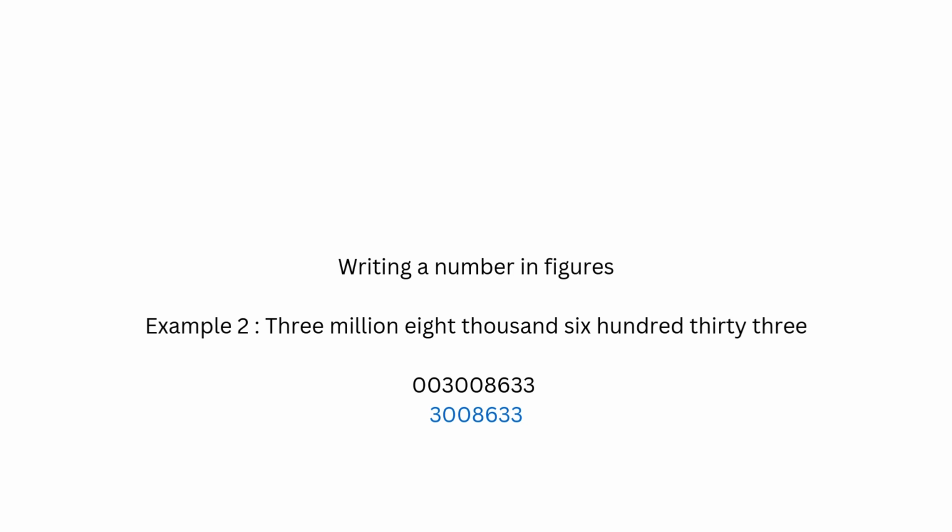The empty places, you put zeros. So we have 3 in millions, we have 8 in ones for thousands, and you have 633. Empty places, put zeros. But because zeros before a number which is not a decimal mean nothing, our number will be this one. That is our last number. Final will be this.